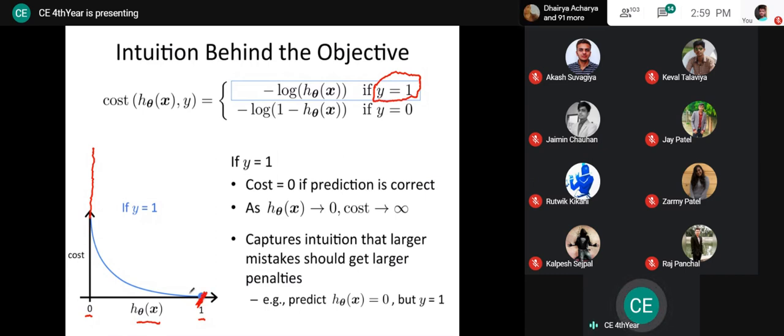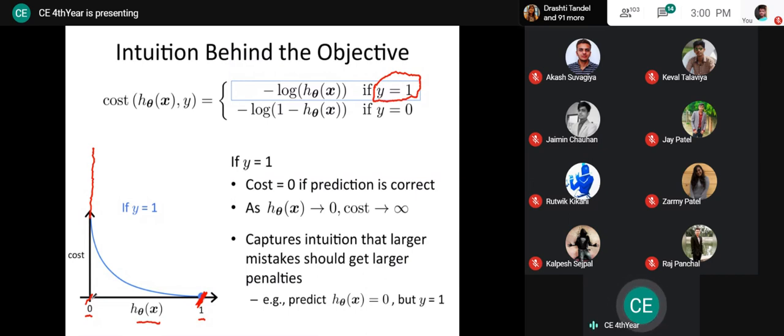Now consider this part, where the hypothesis prediction is 0 but the correct class is 1. So you can say a totally opposite prediction. We need to penalize this particular learning by keeping the theta value very large.